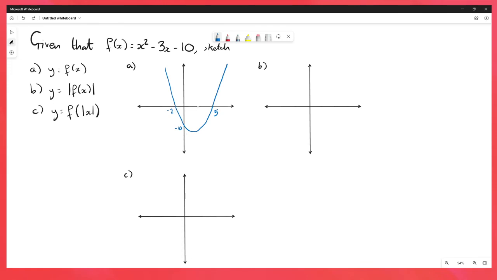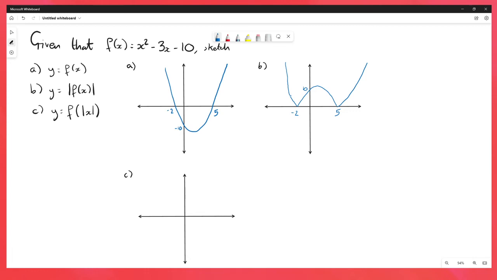So everything in between these two numbers, the answer becomes positive. Everything outside is going to stay the same. So we get, broadly, the same looking graph outside -2 and 5, but then everything in the middle gets flipped up.